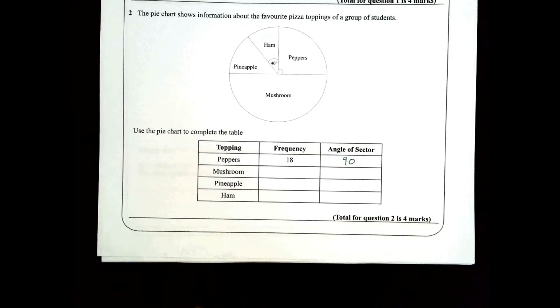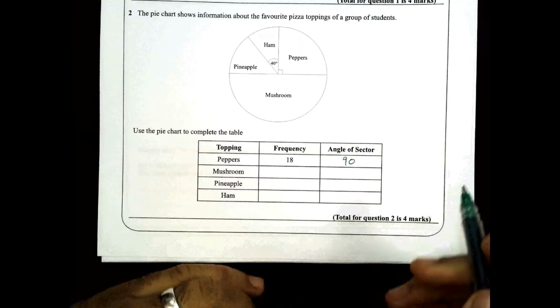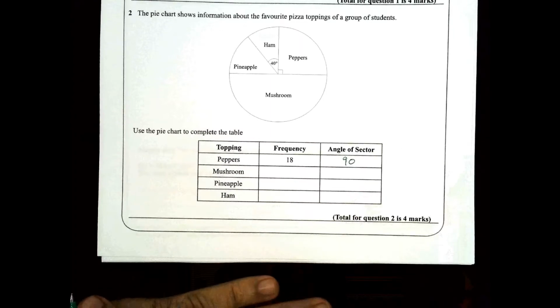Okay, so the way you do that is you want to work out how much each degree represents how many people. Okay, so that's really our starting point. So each degree represents how many people.